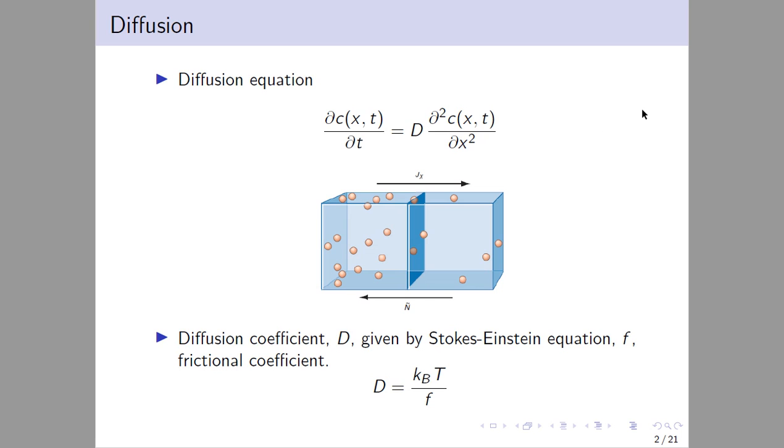These are from our heat equation, or in this case the diffusion equation: del C over del t equals D del squared C over dx squared, where C is the concentration.